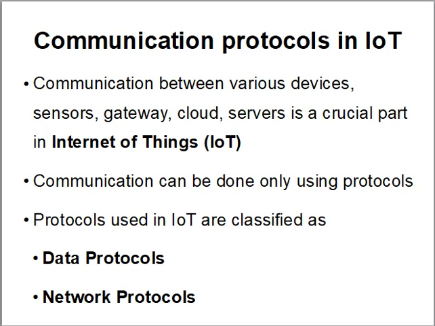Like example, if you want to transmit data from one device to the another, what kind of message formatting that you are following is defined by the data protocol. And second one is network protocol, or basically we can call it in simple connectivity protocol, or means of connectivity, right? So these two play a very crucial role in the entire IoT chain.